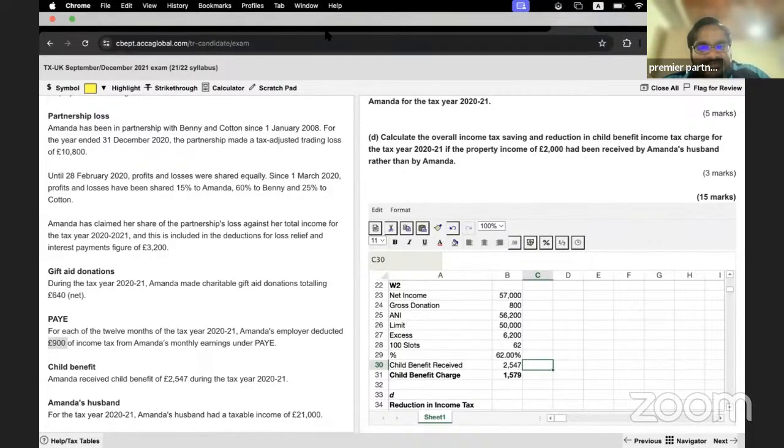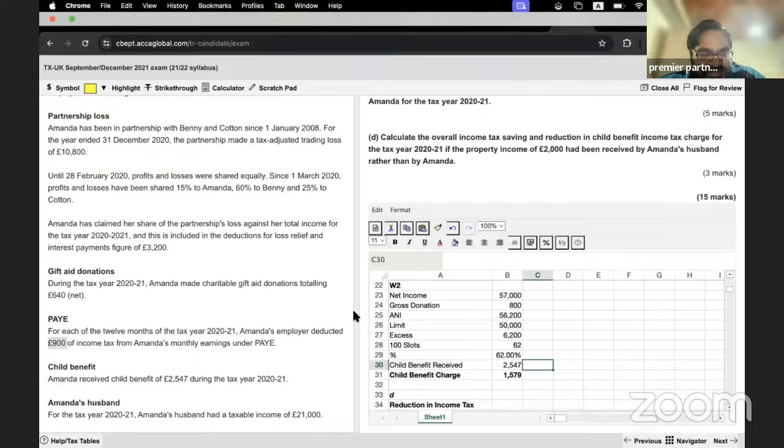Arundhati, are we okay? Nothing to change. The same formula, you can use a percentage as well. It will appear in the same way.